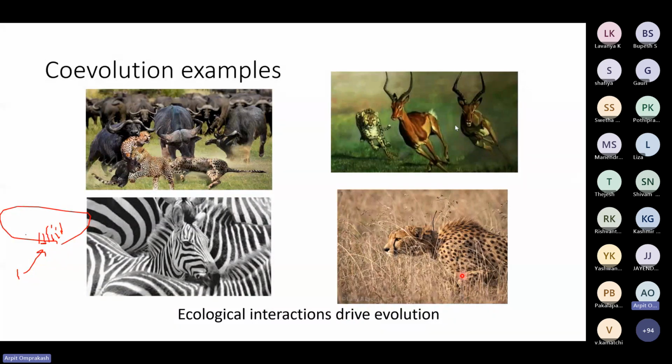But there are other cases, such as these. The zebra stripes work for a range of predators and not just one predator. But eventually, if there are more cheetahs and lions in a given population that are feeding on the zebras, then these zebras might face more predation pressure from these cheetahs, and they might evolve some specific evolutionary tactics against these cheetahs.